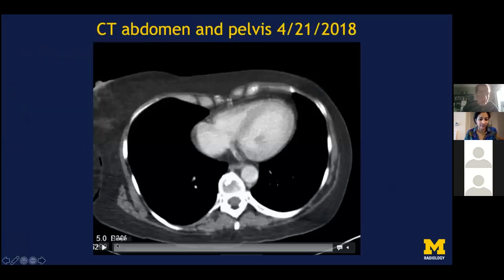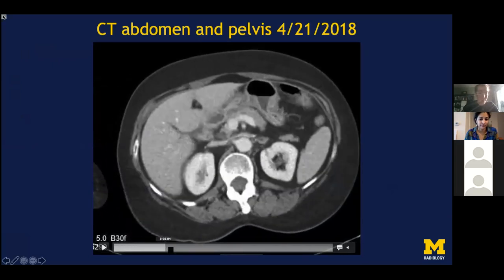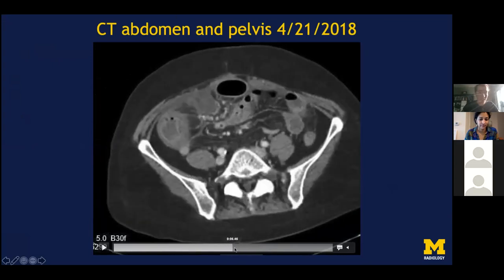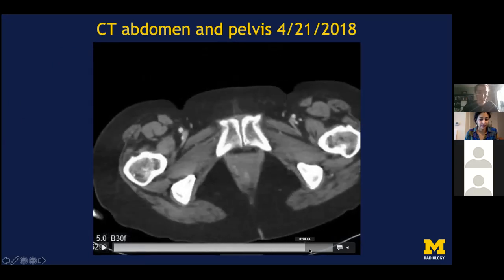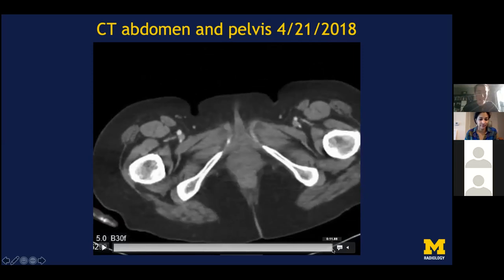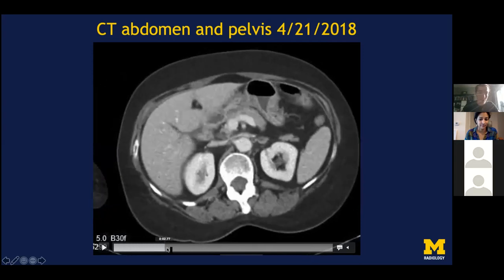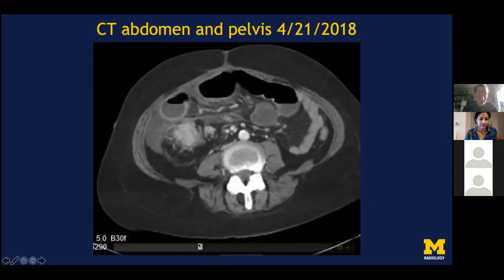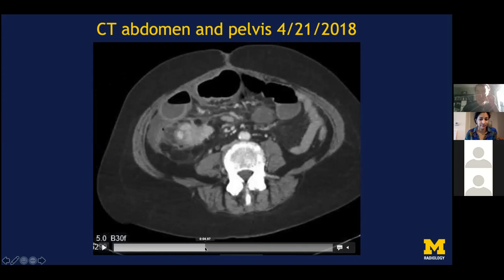So this is the CT scan. I'm just going to scroll through it slowly. It's a little reminiscent of the case we just looked at, but there's some findings to show here, which include this big mass that we see here in the right lower abdomen ileocecal region, and that was biopsy proven carcinoid tumor.